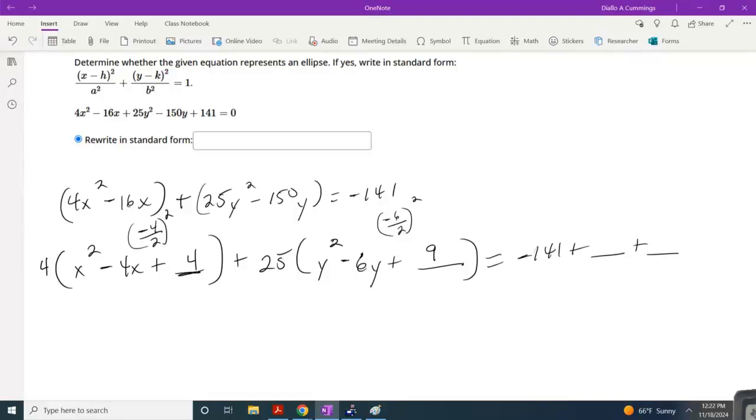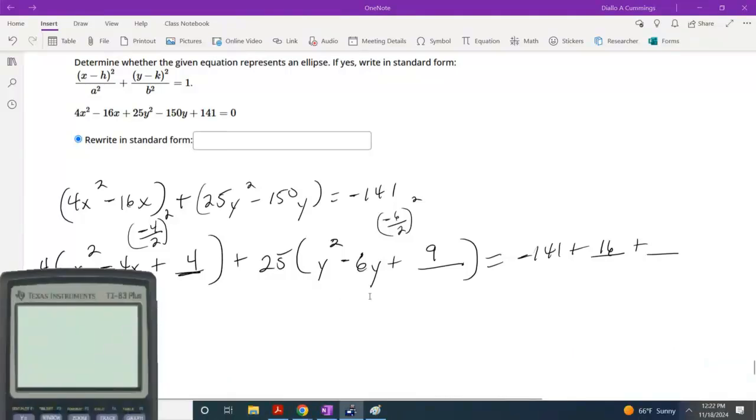So if I go back to my problem, 4 times x squared is 4x squared. I started with that. 4 times negative 4x is negative 16x. But 4 times 4 is 16. I did not start with that. So I added it to the left-hand side. So I'm adding it to my right-hand side. 25 times y squared is 25y squared. 25 times negative 6 is 150.